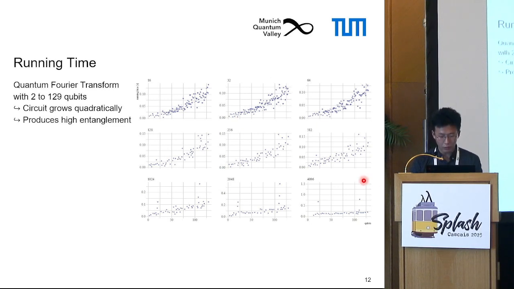Oh, you mean the one for 4,090? That one, yeah. I would say it's because of those outliers, so we have to scale the graphics in a way that also includes these two. But the shapes are similar. Okay.